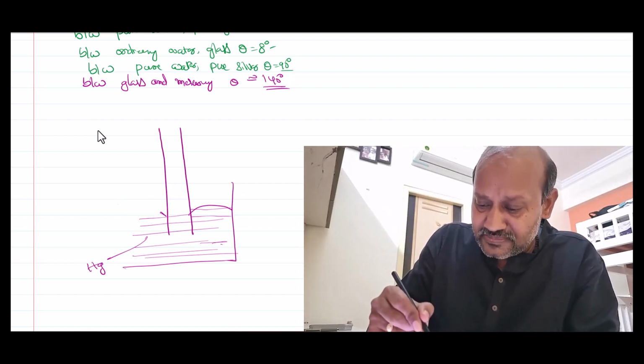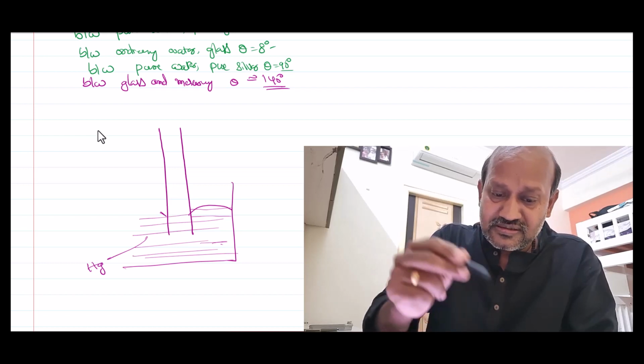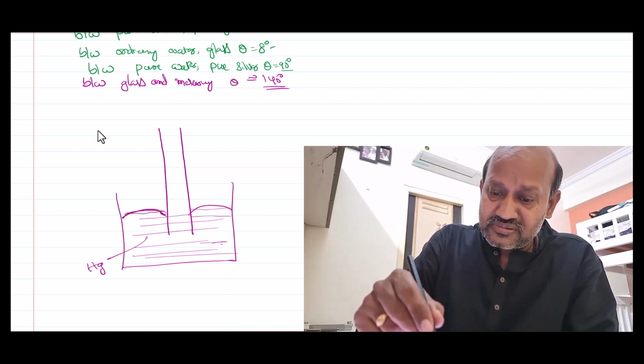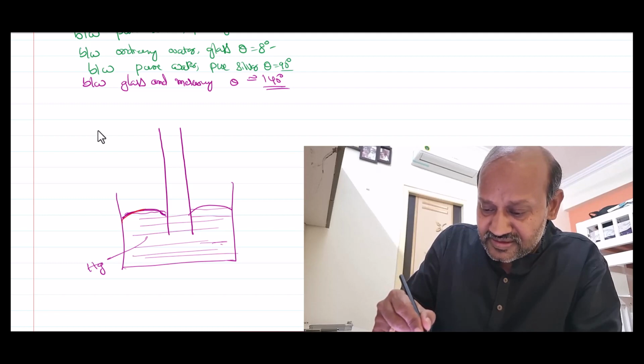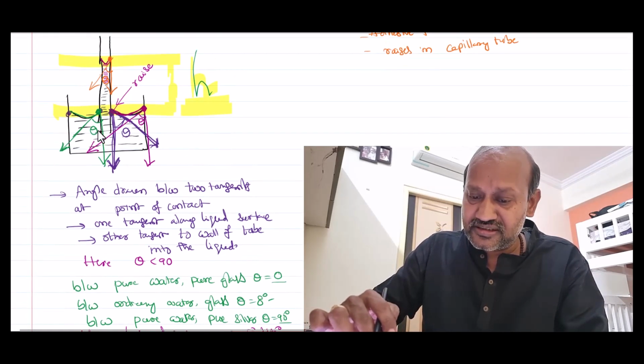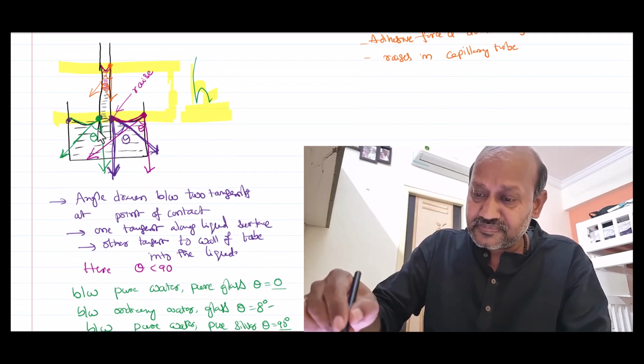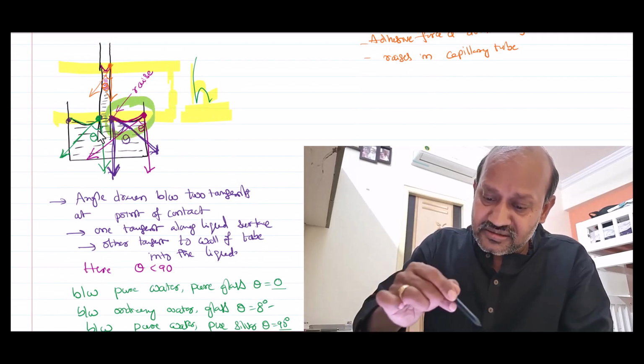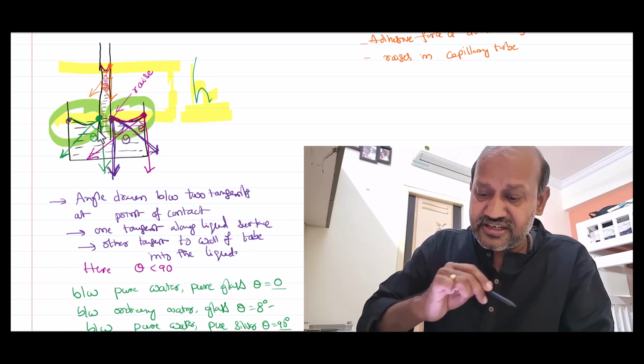But here it is going to acquire. Have you seen in the previous case? I just want to show you again here. See here. See here. Here it has acquired concave shape.